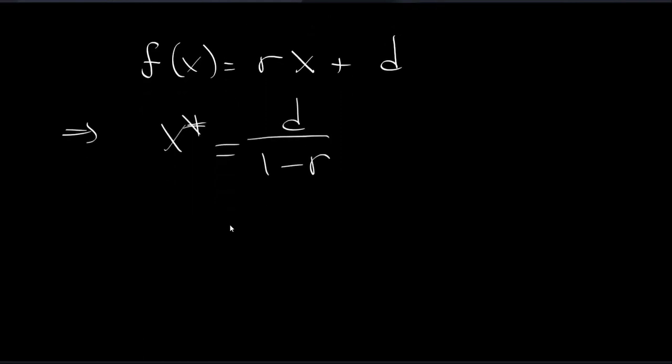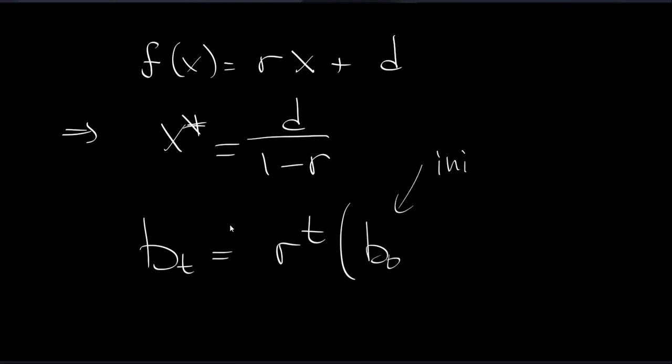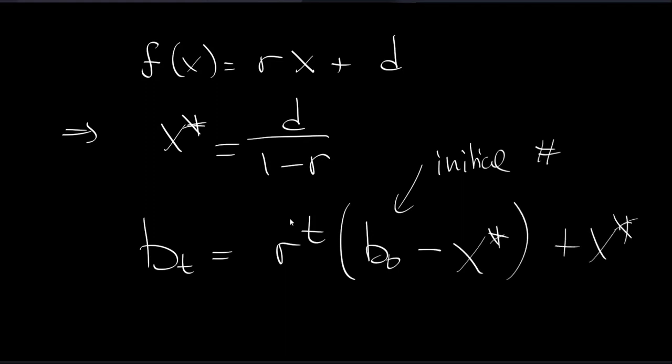And the other thing that we find from it is that if we want to find an arbitrary bt, it's going to be r raised to the power of t times x naught, which is your initial, or b naught, which is your initial number of whatever things you're considering, people, bacteria, lions, rabbits, minus your equilibrium, so minus your x star, and plus your x star. So there's different ways to write it.